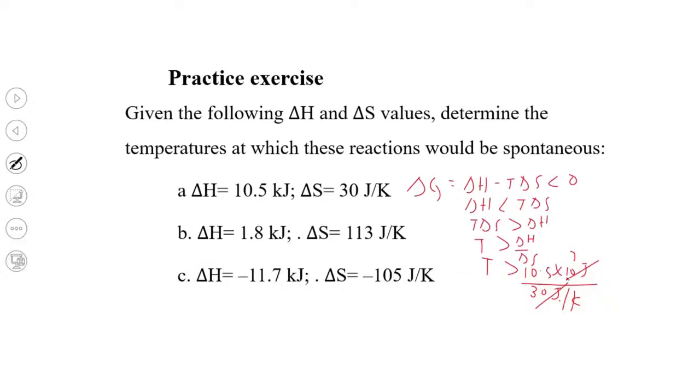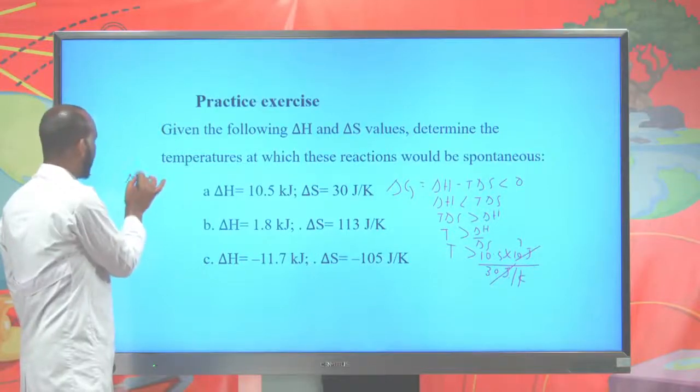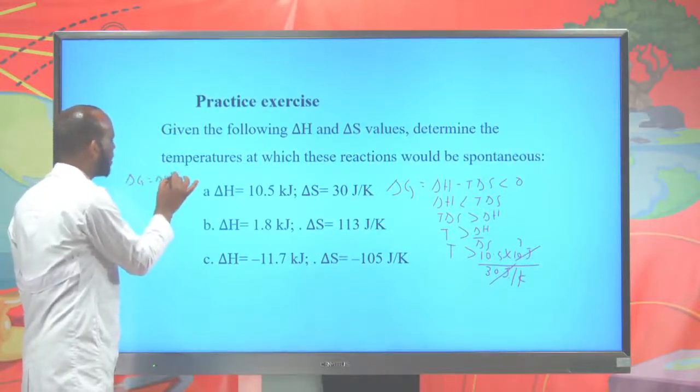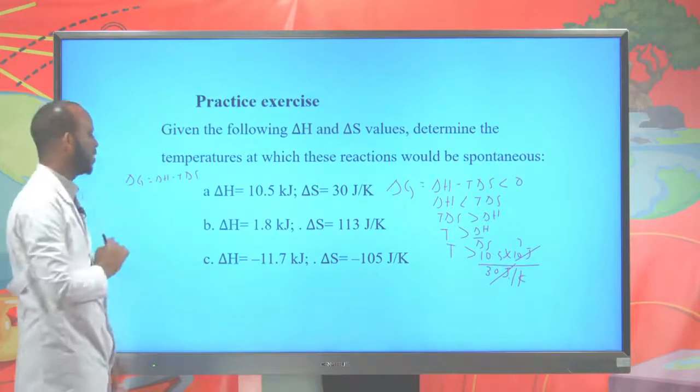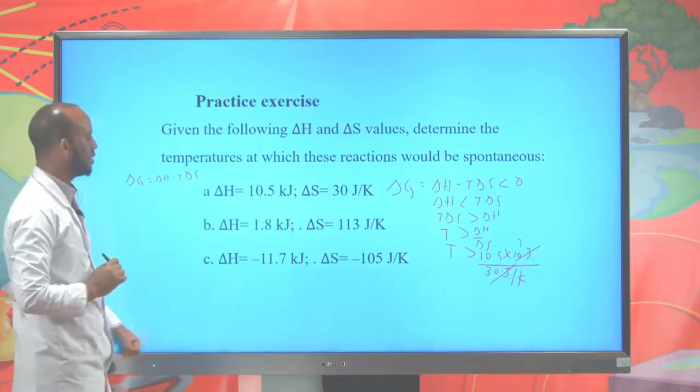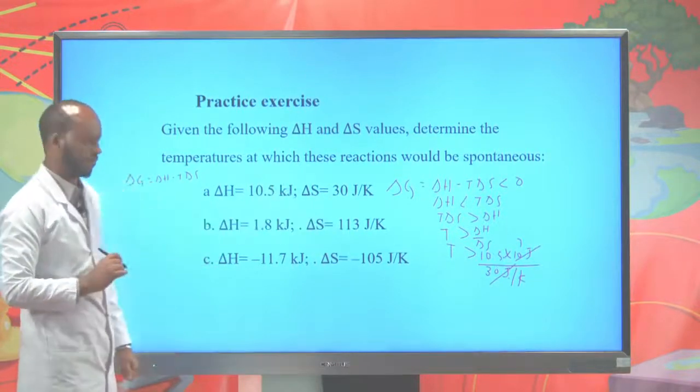B, delta H is 1.8 kilojoule, delta S is 113 joule per Kelvin. For what temperature would this reaction be spontaneous? Again, delta G equals delta H minus T times delta S. Delta H is positive, delta S is also positive.